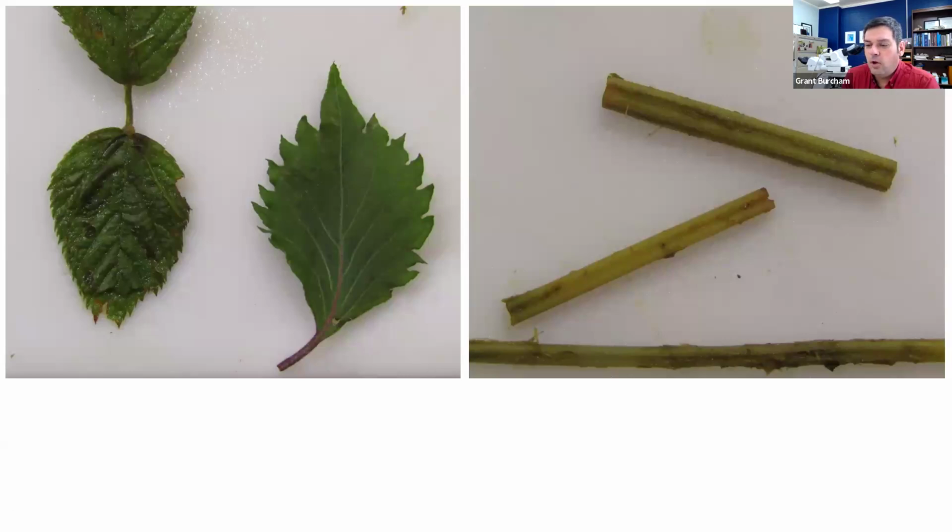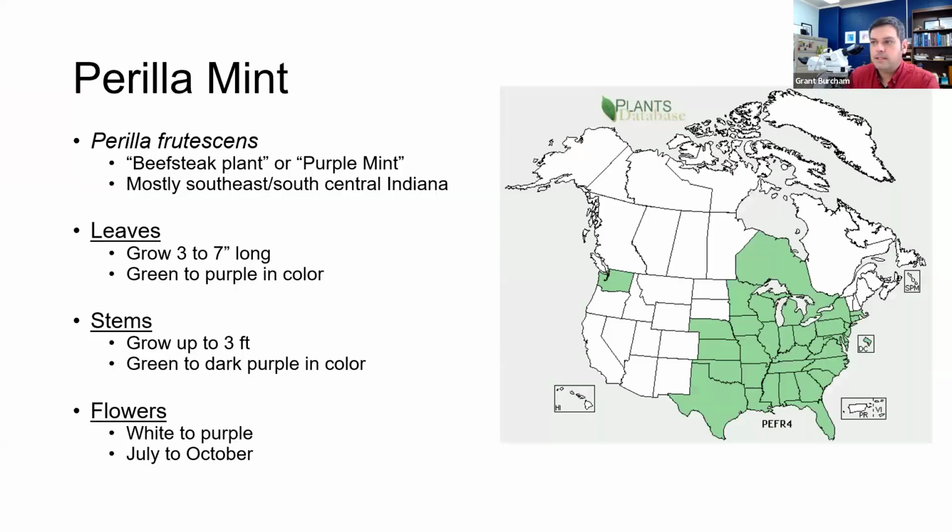And if you know about plants, you might know that anything with a square stem is part of the mint family. And so there is a toxic plant called Perilla mint, Perilla frutescens, that has some toxic components for herbivores, right?